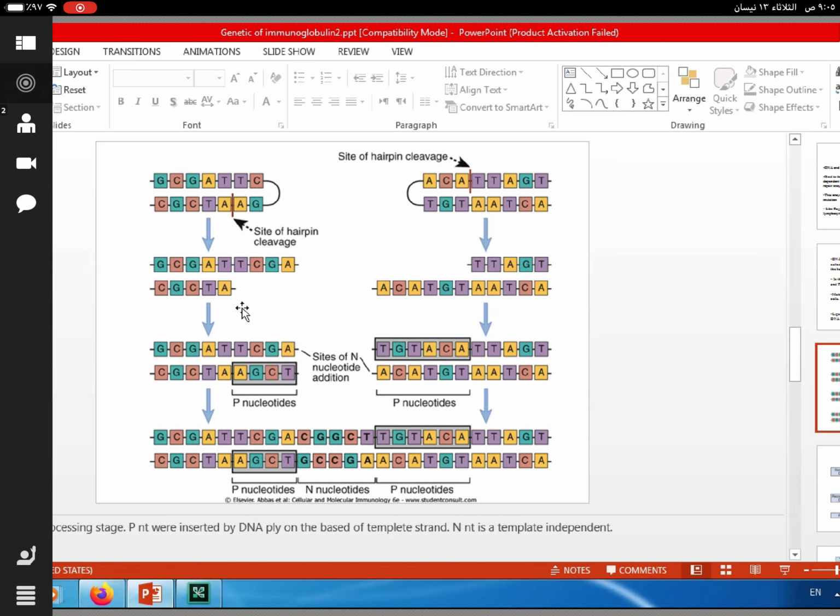So, P nucleotides are inserted on the basis of the template strand, but N nucleotides are template independent and are inserted by the enzyme named TdT, or terminal deoxynucleotidyl transferase. Terminal deoxynucleotidyl transferase inserts N nucleotides.